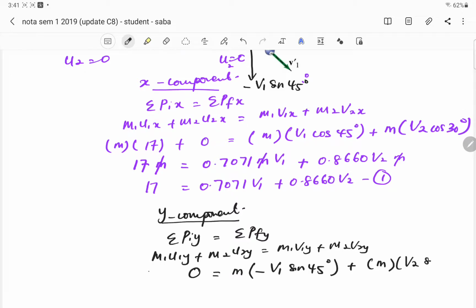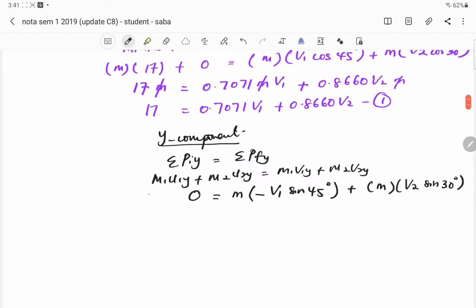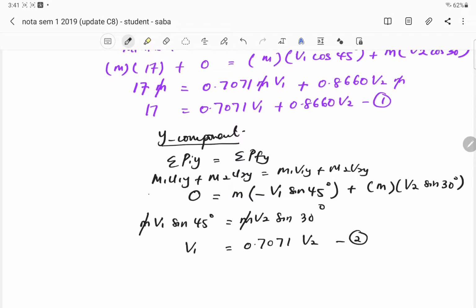So we have m v1 sin 45 degree equal to m v2 sin 30 degree. So cancel off the m. Then we have v1 equal to 0.7071 v2. So this is your second equation.